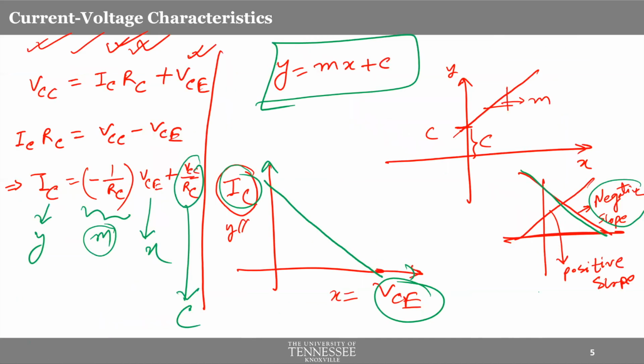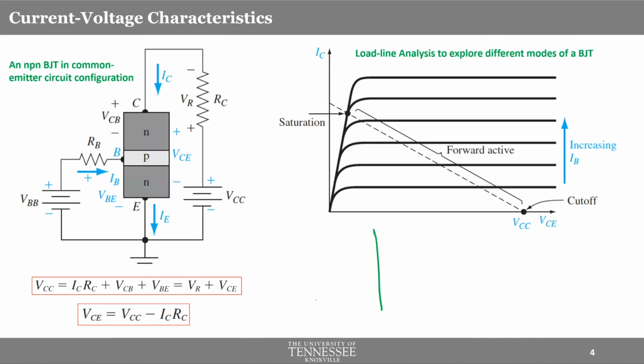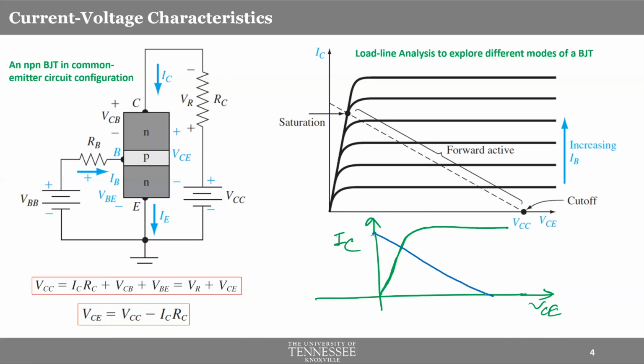Now, when you draw the current voltage characteristics, IC versus VCE for a BJT, and then you draw the same characteristics, IC versus VCE, for the resistor that you see here, whichever point they intersect, that point should represent the point of agreement between the resistance and the BJT.